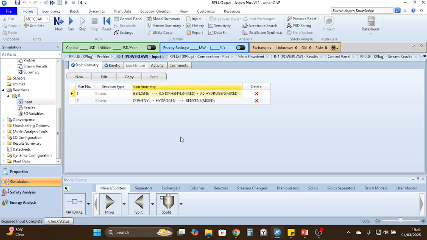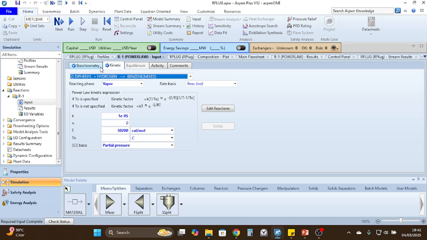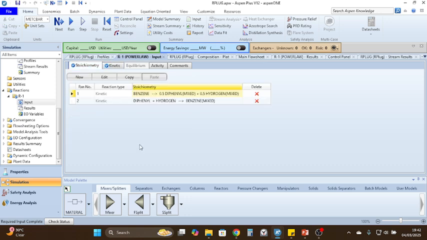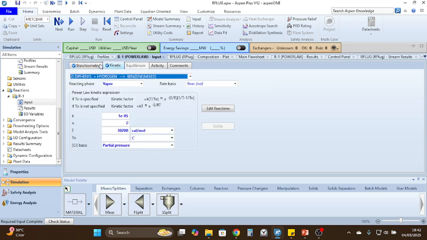Hello, sir. Yes. Sir, even if I keep only the first reaction, I am getting 100% benzene in the product. Yes, that is the problem that we are facing, right? I did not add the reversible reaction, only the first reaction.